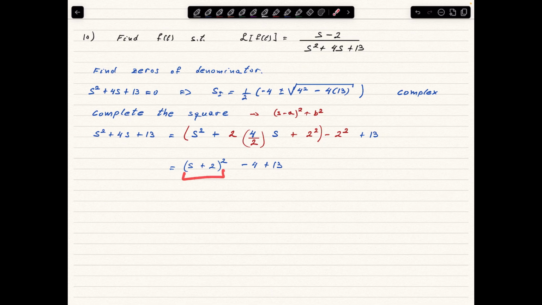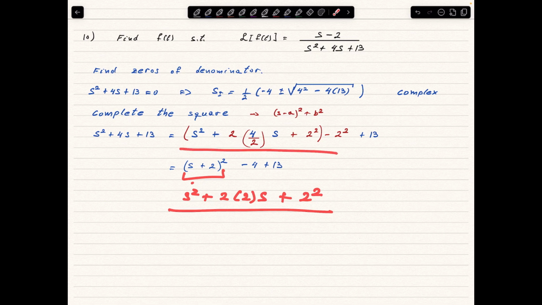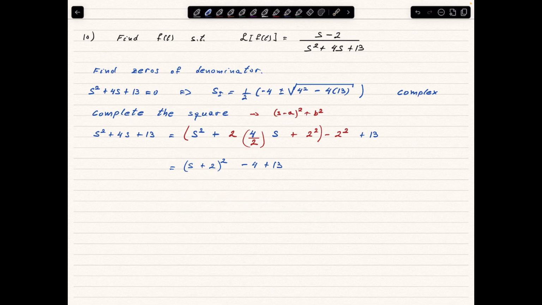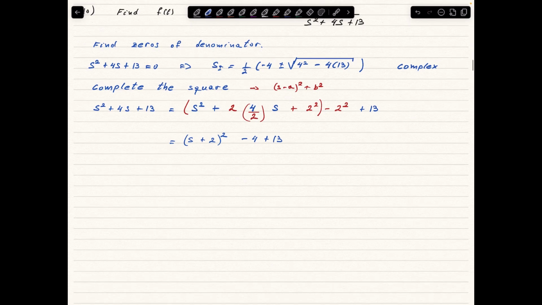Why? Because suppose you expand, you get s squared plus 2 times s plus 2 squared. Well, that's what it is. So now that we have that, we can rewrite this as (s plus 2) squared plus 9, and that is 3 squared.